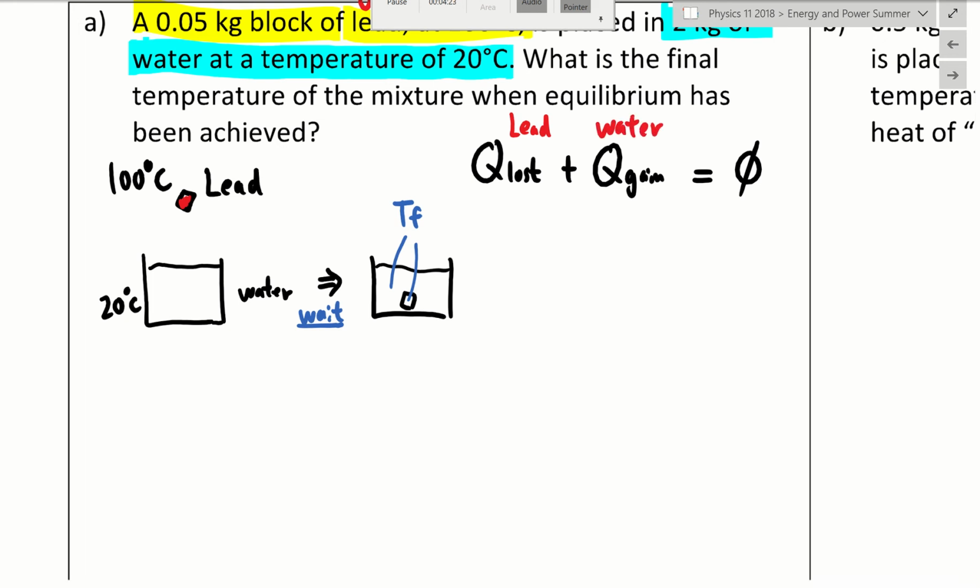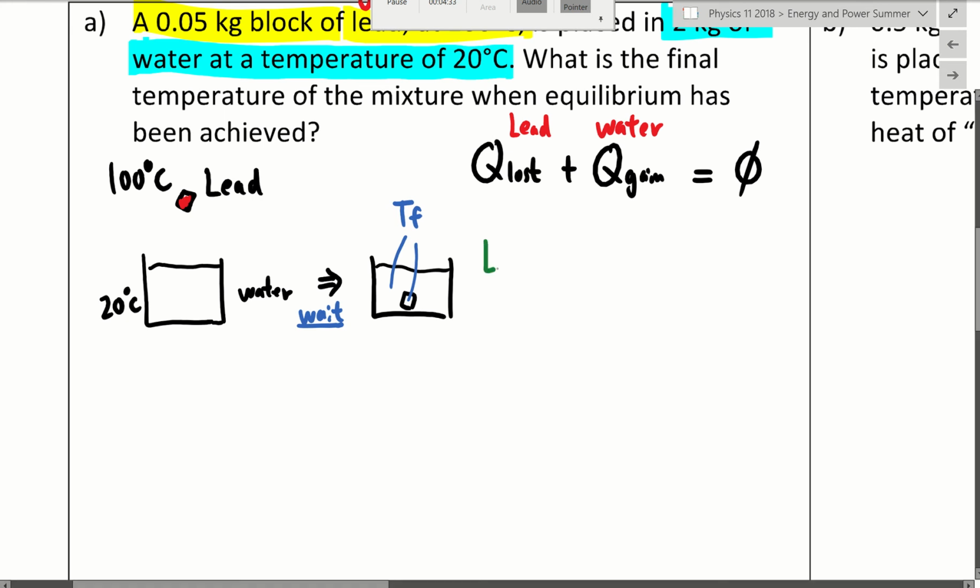But remember, from last week, different materials gain and lose energy at different rates, right? Water takes a ridiculous amount of energy to heat up, and lead is easy to heat up. So our prediction would be that we will see lead losing a lot of energy and a lot of temperature in this case, and water gaining that energy but only rising a little bit in its temperature.